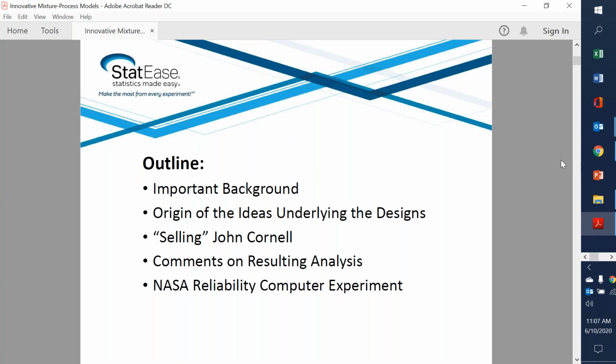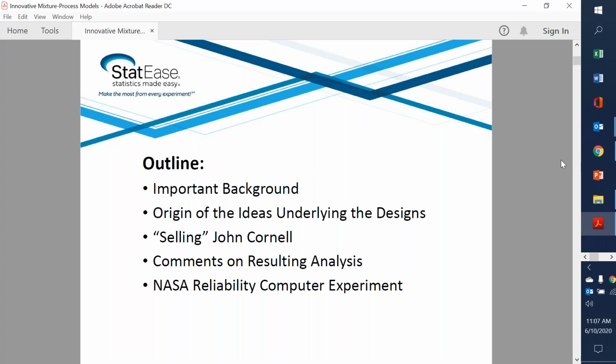One of the keys is that John Cornell was part of this group. And, you know, John was Mr. Mixture. We had to sell John on this, and that's part of the fun of the story. I want to make sure we understand the analysis because it is subtle, and I'm very pleased that Design Expert does it absolutely correctly. So this is always very good. And then I have an example.